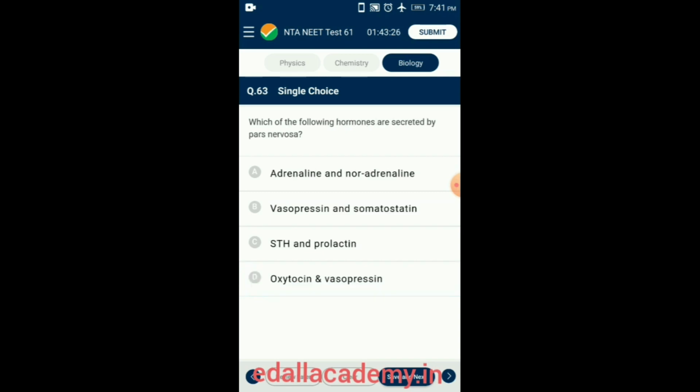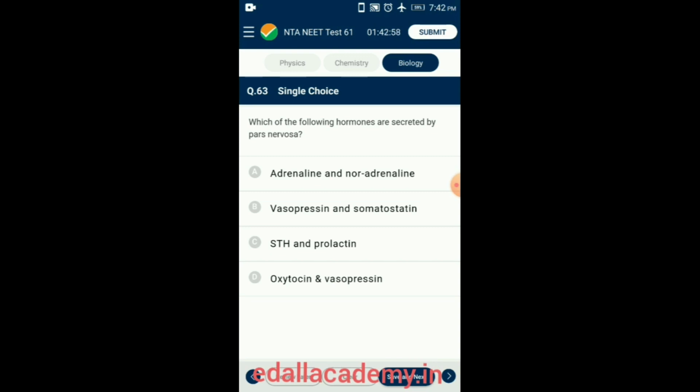Question number 63. Which of the following hormones are secreted by pars nervosa? Neurohypophysis, commonly called pars nervosa, also known as posterior pituitary, stores and releases two hormones called oxytocin and vasopressin, which are actually synthesized by the hypothalamus and are transported axonally to neurohypophysis.